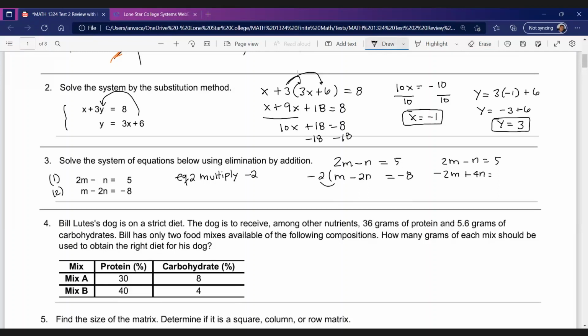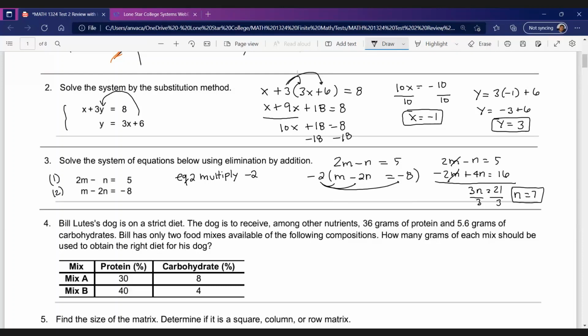That's better, so that we don't forget to multiply that negative 8 with that negative 2, therefore it comes up to positive 16. But when we add now, notice that the m variables will go away. We have 3n is equal to 21, and after dividing by 3, we get that n is equal to 7.